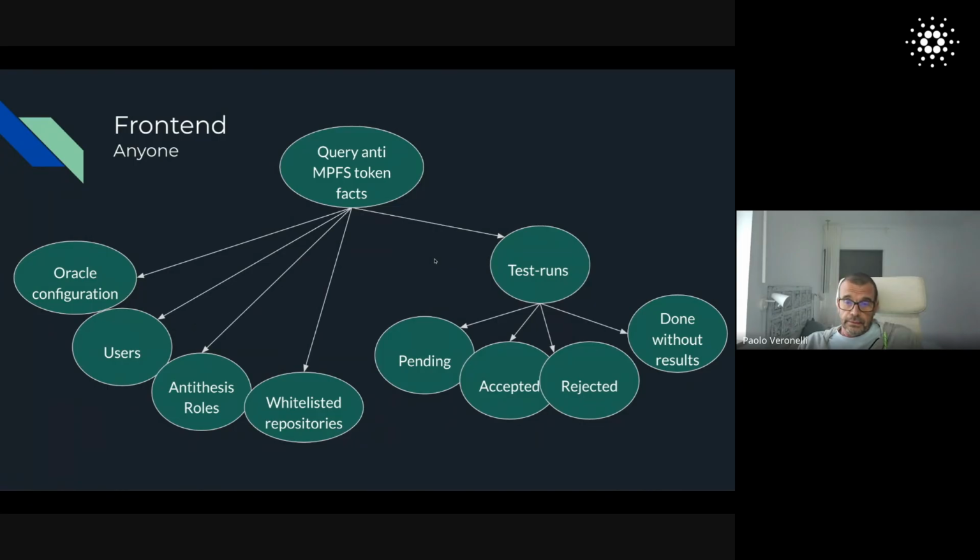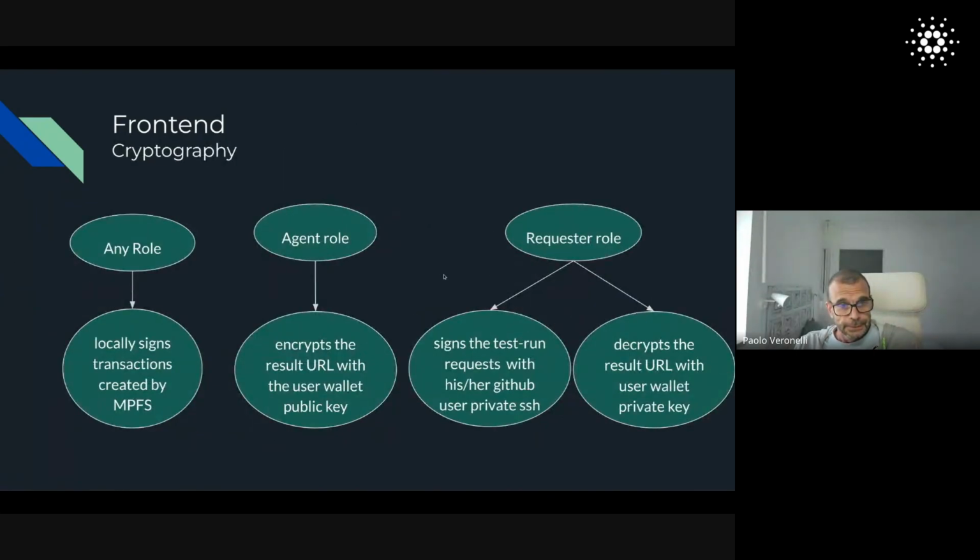And then everyone and all the other people in the world, because the blockchain is public, can use Moog to actually see what is going on. So they can see what the parameters of the Oracle are, the registered users, the roles and whitelisted repositories, and all the test runs that have been run or are running and so on, but not the results because they are encrypted.